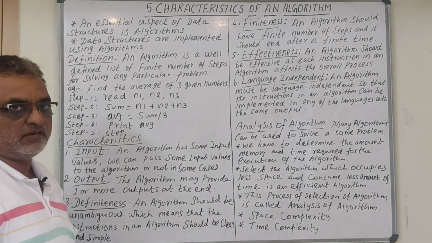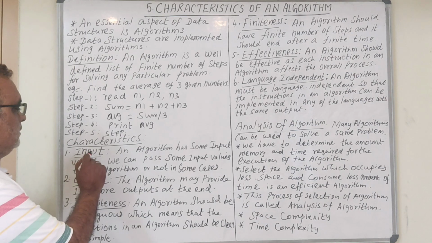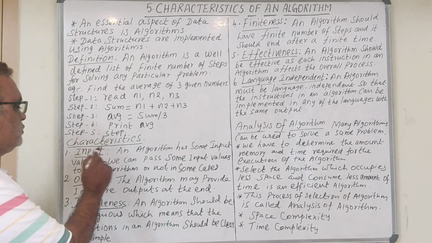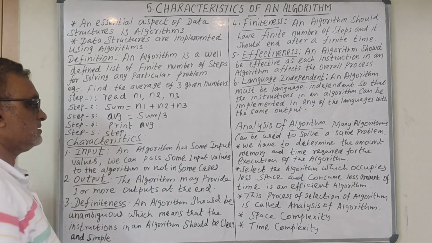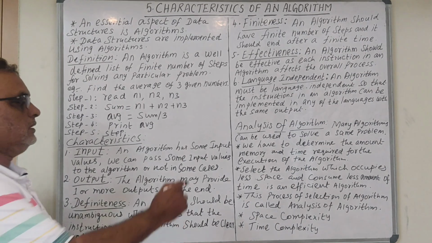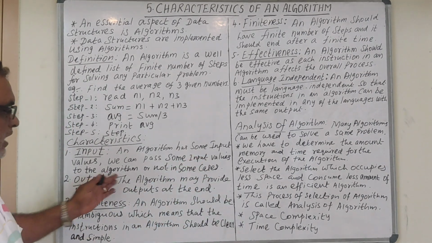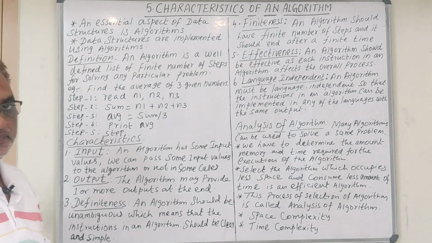Let us see the characteristics of an algorithm. First of all, any algorithm should contain the first thing, that is input. So an algorithm has some input values, so we can pass some input values to the algorithm, or not in some cases.